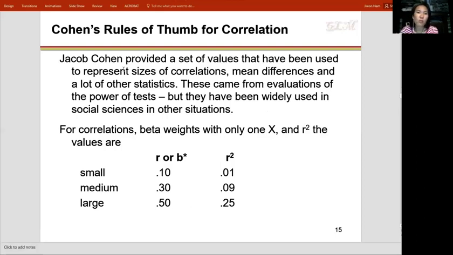So according to Cohen's rules of thumb, R or beta weight, the magnitude small is 0.1, medium 0.3, large 0.5. So you multiply this, then you will get the R square value. If your model is higher than 0.25, it's regarded as a good model.